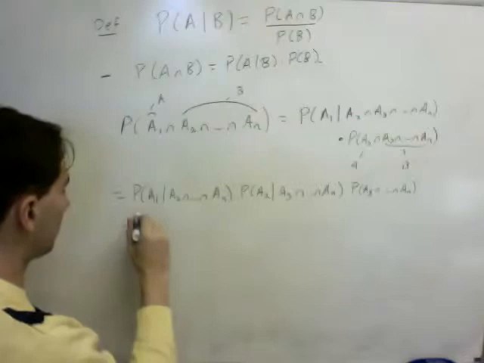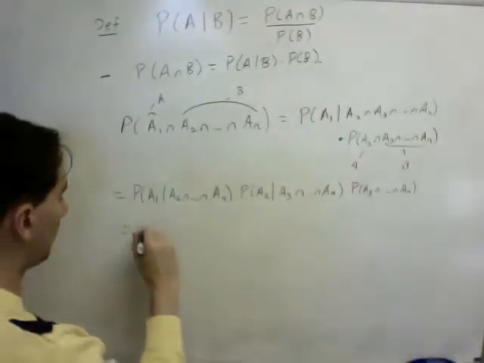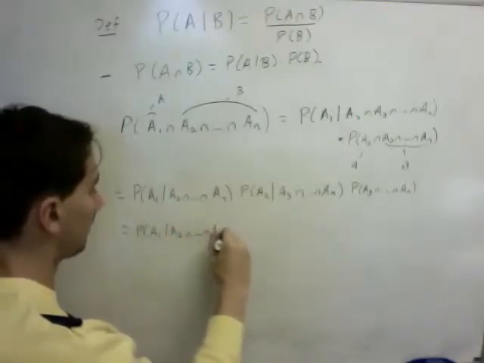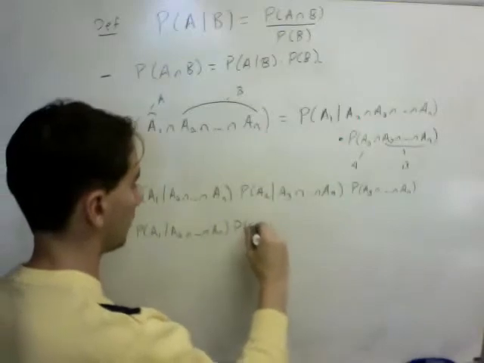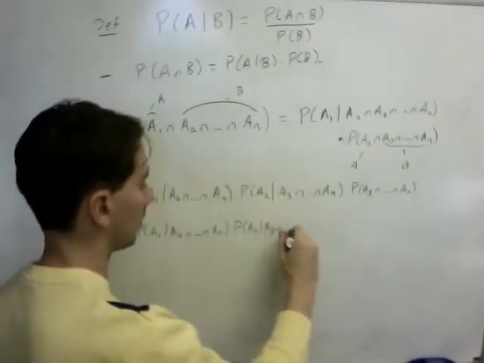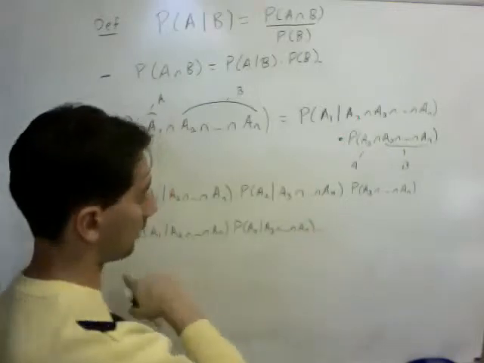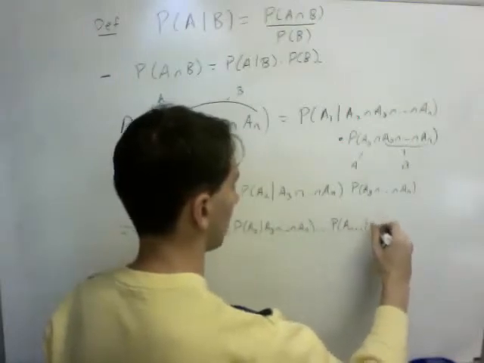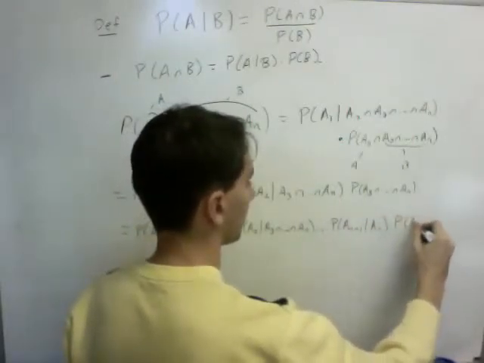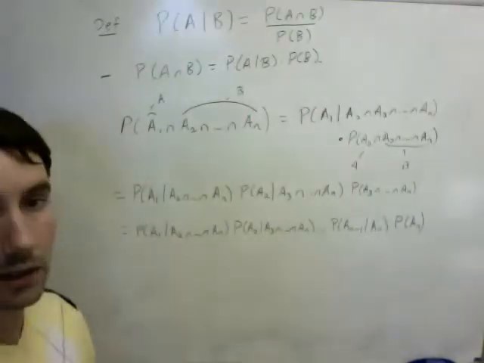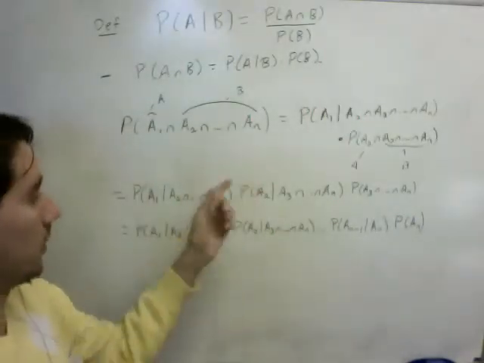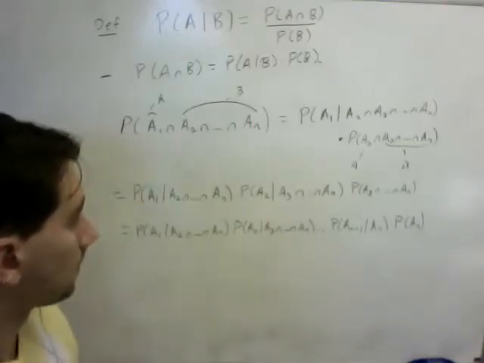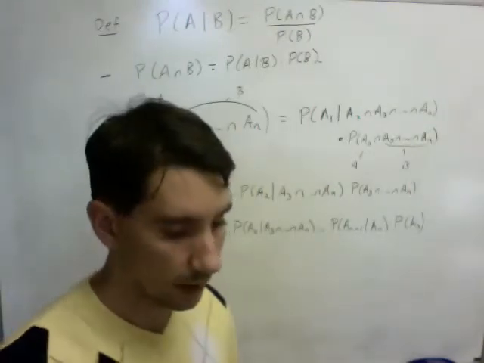And so this will just continue, dot, dot, dot, until we have the probability of A1 given A2 intersects down to AN times the probability of A2 given, then starting with A3 down to AN. And we keep multiplying these things out until we have the probability of AN minus 1 given AN, and finally just the probability of AN. So we can change the whole sequence of intersections into conditional probabilities. Okay.